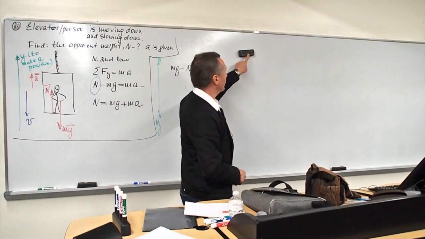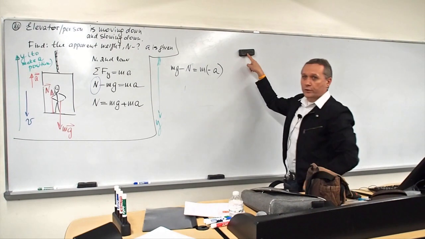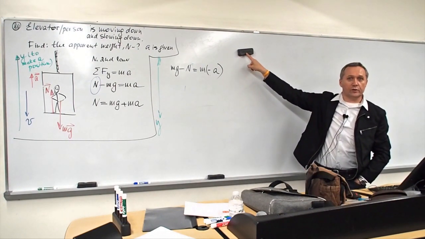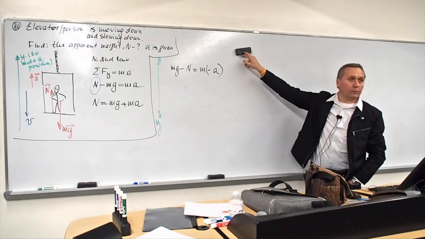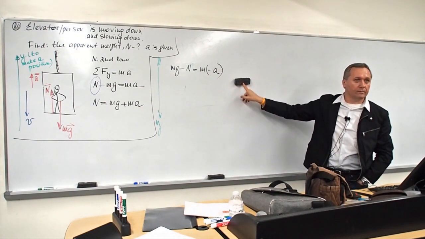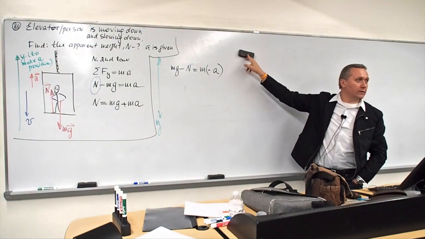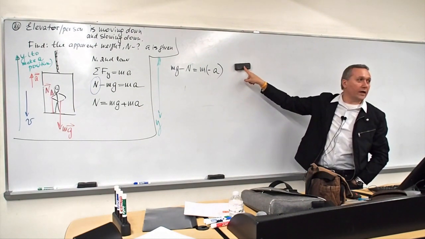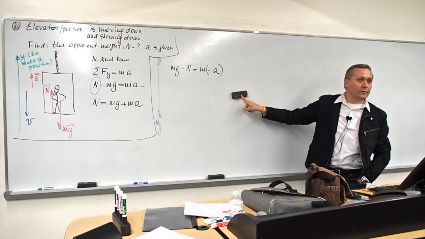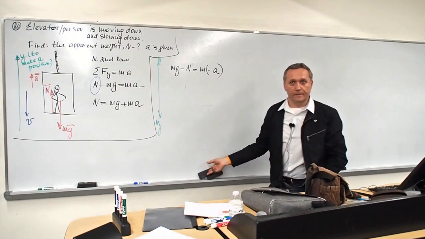Let's position it this way. And I want to apply a force, and I want to find the value of the force which I have to apply so that I can slide it down with constant speed. The mass of the box is given, so we need to find the value of the force that I have to apply at 45 degrees so that the object slides down with a constant velocity.